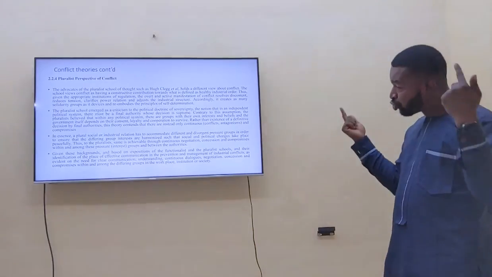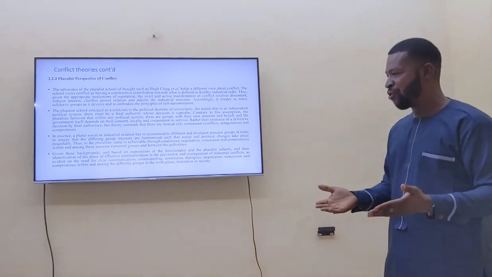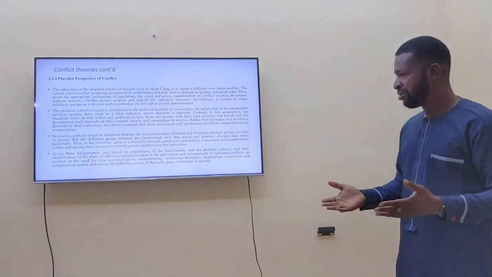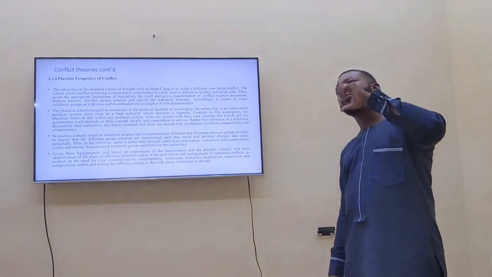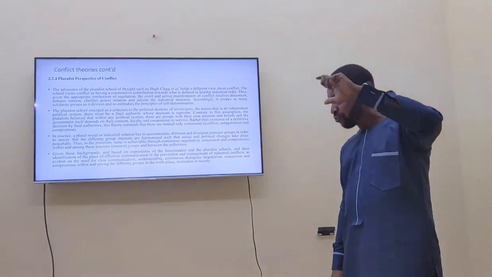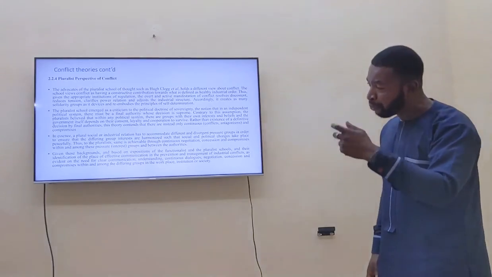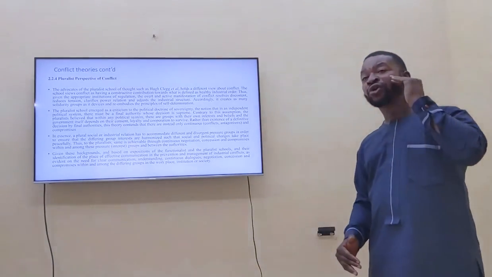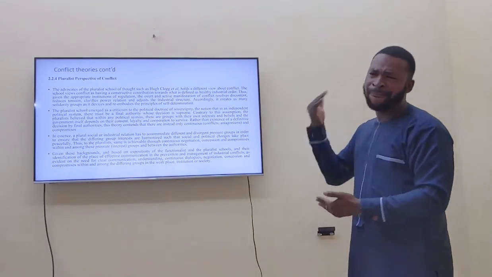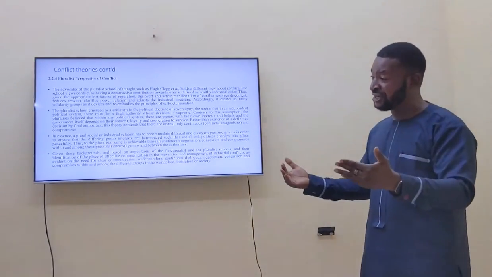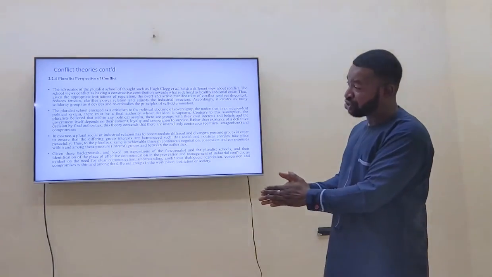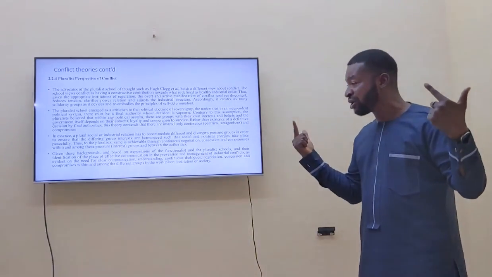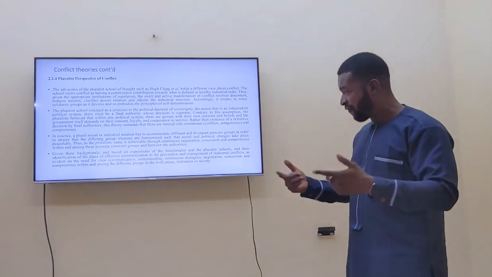And because there is going to be clash of interest, definitely there will be what? Conflict. It is simply saying that no matter how unified we want our system to be, our system is plural in the sense that it has a lot of people with different backgrounds, different modes of understanding, different attitudes. And because people have different modes of understanding, different approaches to situations, there is going to be what? Conflict.